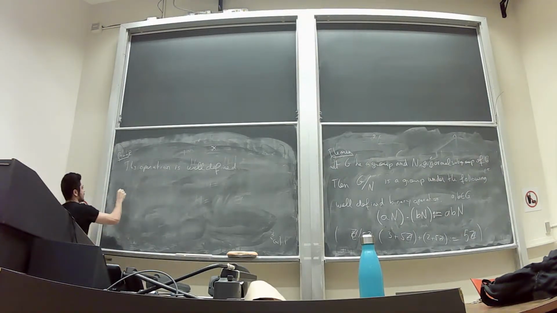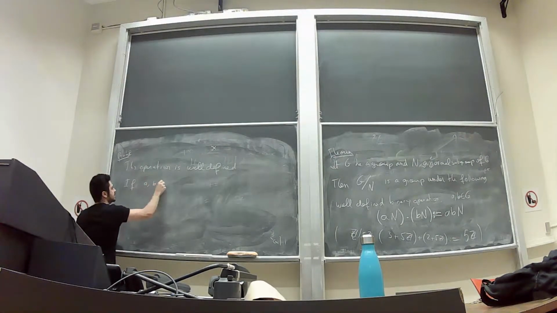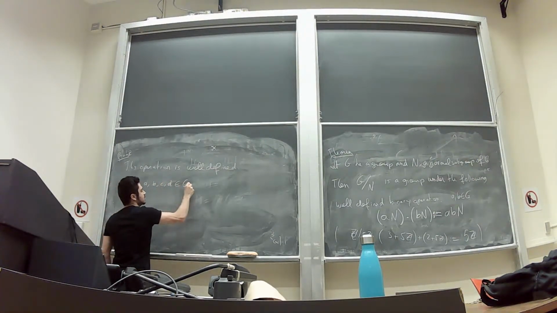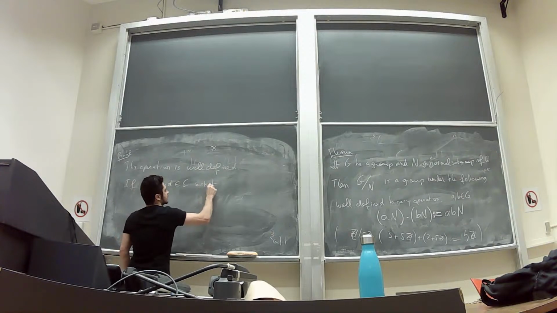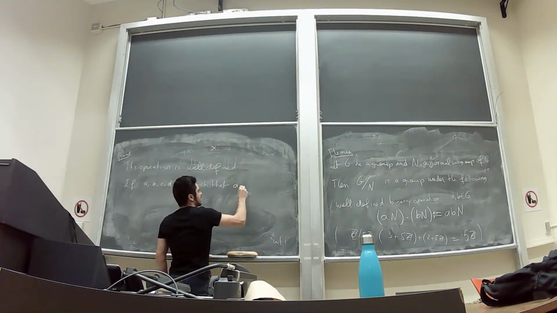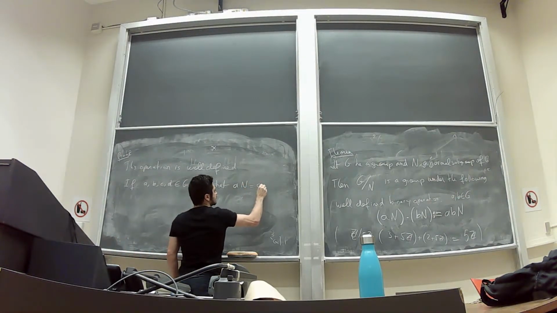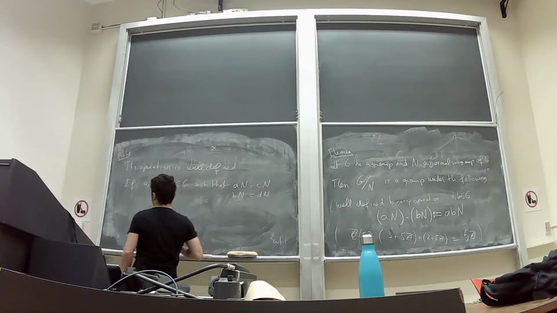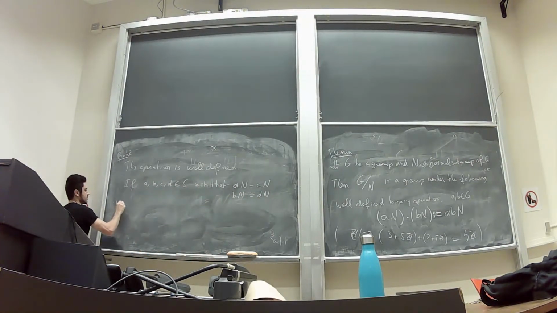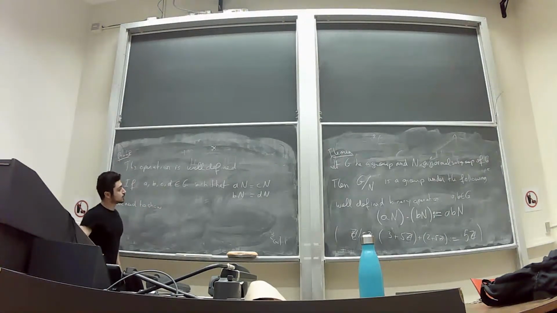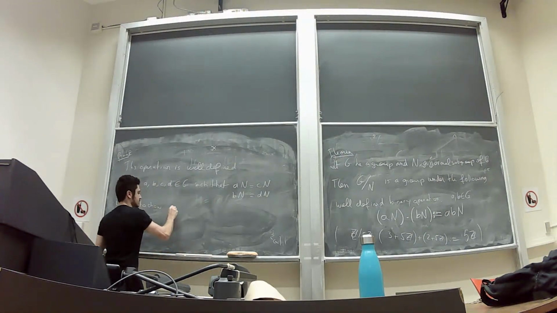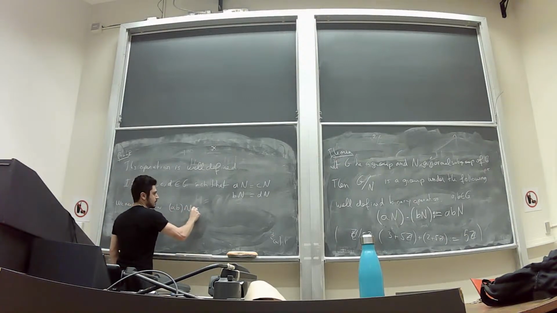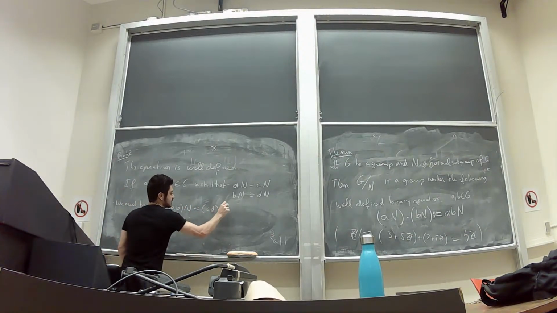I need to show that if a, b, c, d are in G such that aN is equal to cN and bN is equal to dN, then we need to show that abN is equal to cdN.